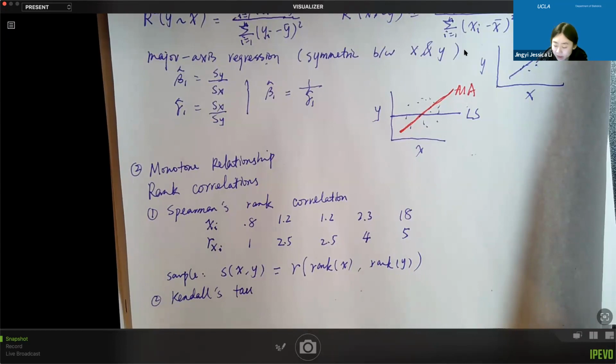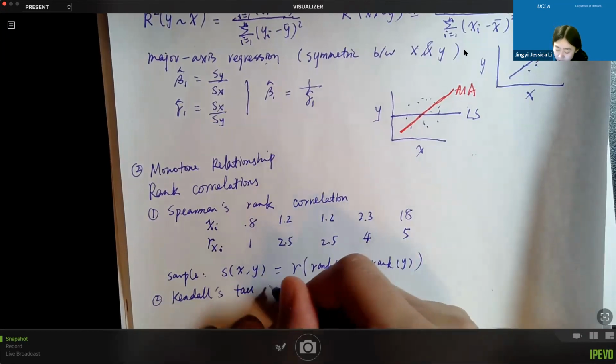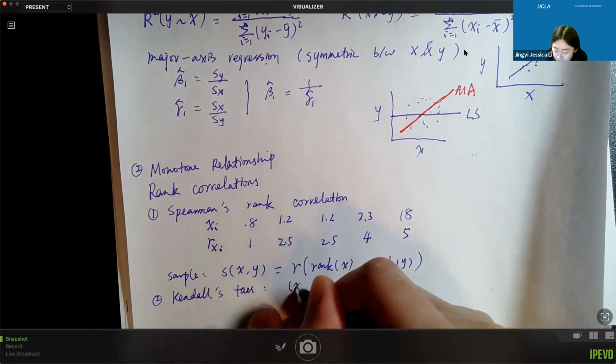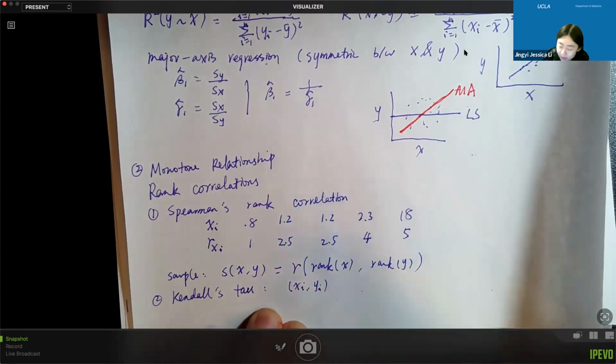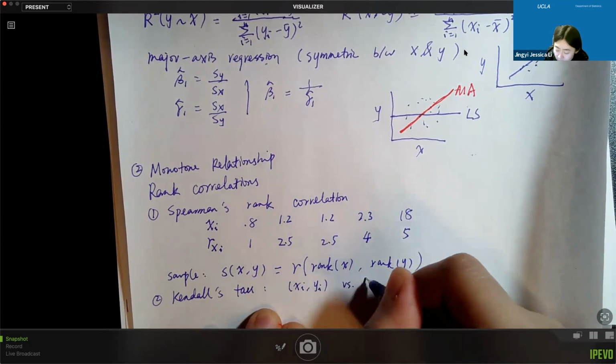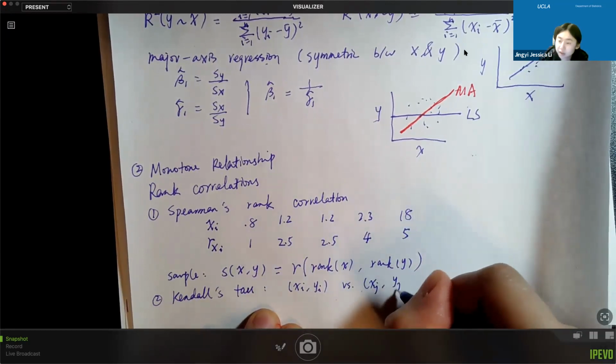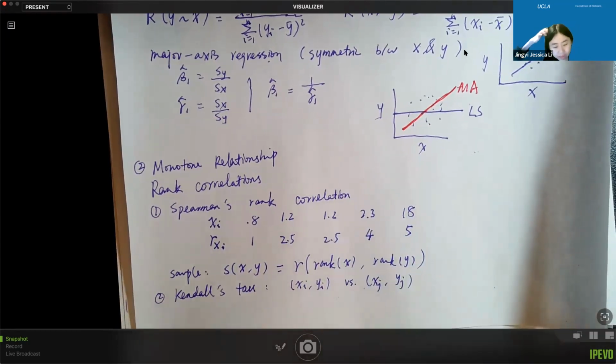It's defined by comparing two pairs, okay? Let's think of xi, yi as one pair and xj, yj as another pair. You want to compare them, and you define their relationship as one of three types.